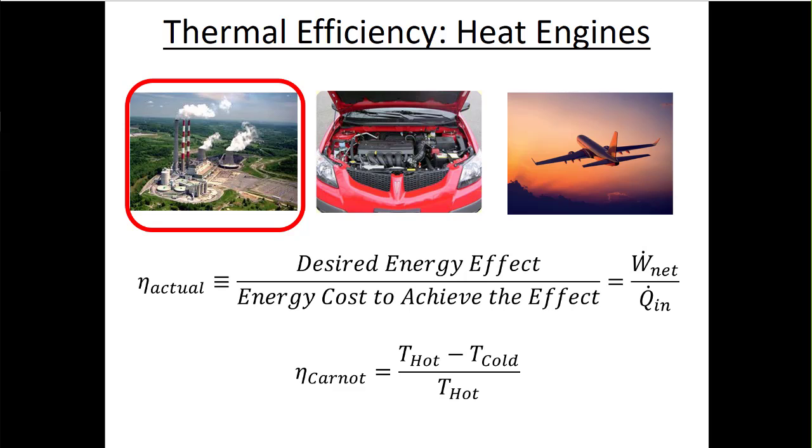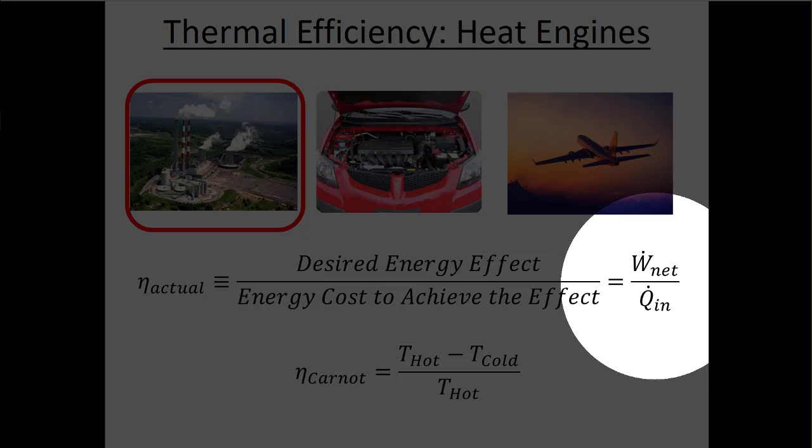All of these characterization parameters, whether it's thermal efficiency or coefficient of performance, are always the energy benefit of the cycle divided by the energy cost. When we're talking about heat engines, the benefit is the net power developed by the engine, and the cost is the heat that we have to put in. And this is always going to be true.